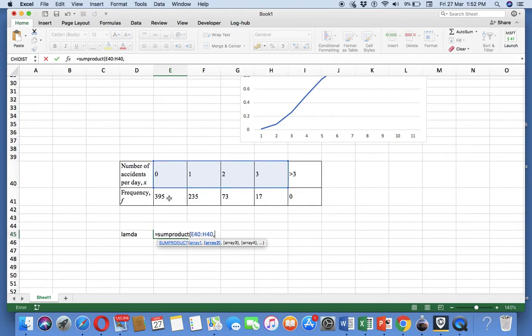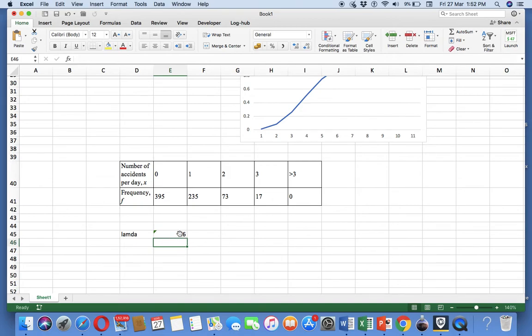I close the bracket and divide by the sum of the frequencies. So the lambda is 6. The value of x that we want to find out is 4.